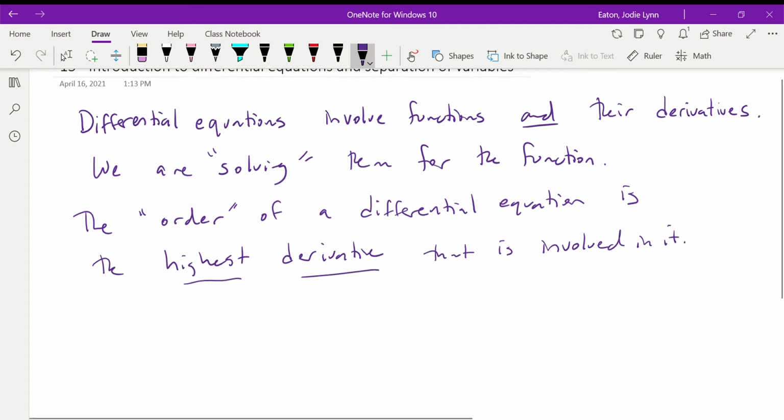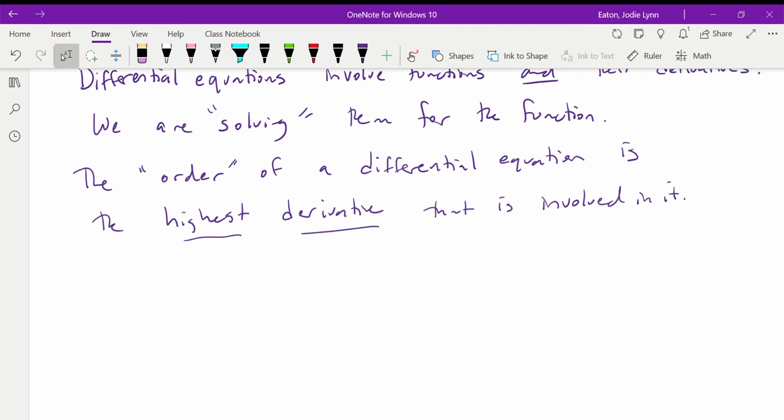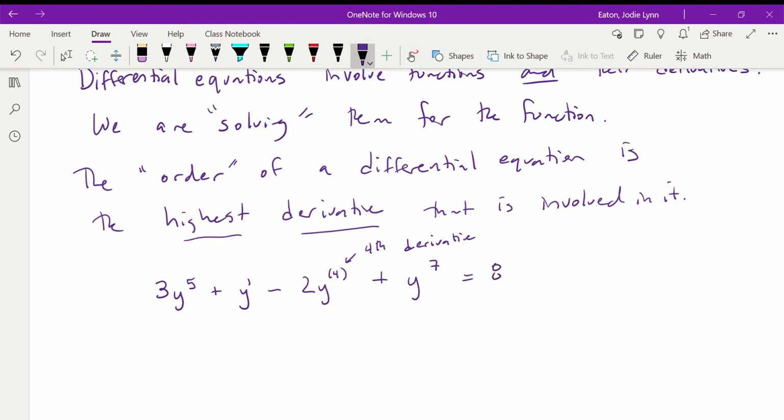For example, if we have 3y to the fifth plus y prime minus 2y with the fourth derivative, you may not have seen that notation in a while, it's been a long course, plus y to the power of 7 equals 8. This is a differential equation of degree 7, because that's the highest power of y, still using the same terminology, and order 4. This is a fourth order differential equation because we have a fourth derivative in it.